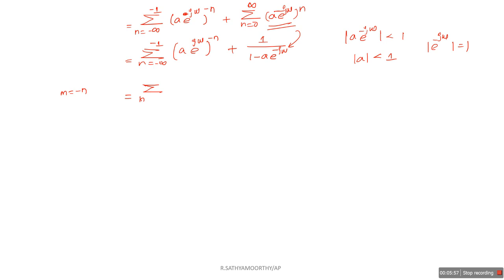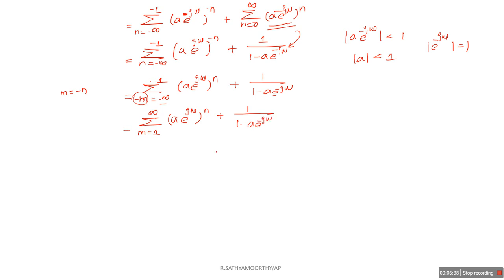So the summation runs over m equal 1 to infinity of a e power j omega whole power m, plus 1 by 1 minus a e power minus j omega. Here the limits are negative and the power is negative, so both cancel. Even if we vary from infinity to 1 or 1 to infinity, both are the same.